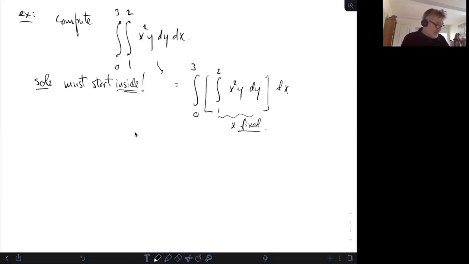Let's just compute that on the side. After a while, I'll just do the computation of the inside part keeping everything, but now I want to do it separately. This is the integral 1 to 2, x squared y dy. Again, x is fixed, so it's the same principle as partial derivatives. x is a constant. We could even factor it out.